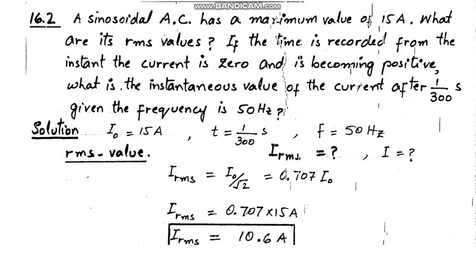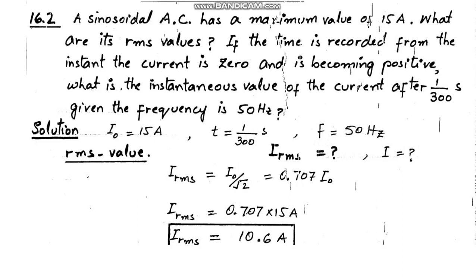What is the instantaneous value of the current after 1 over 300 seconds, given the frequency is 50 Hertz? So we want to find two things. First one, that is the RMS value, and second, we want to find the instantaneous value of the current.